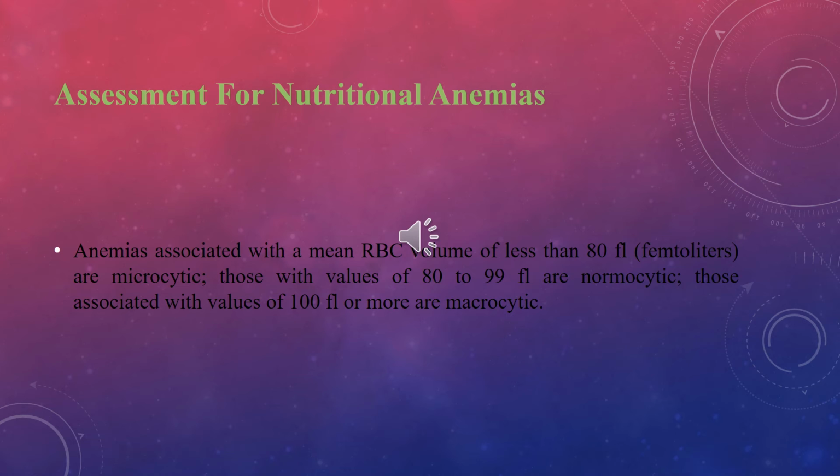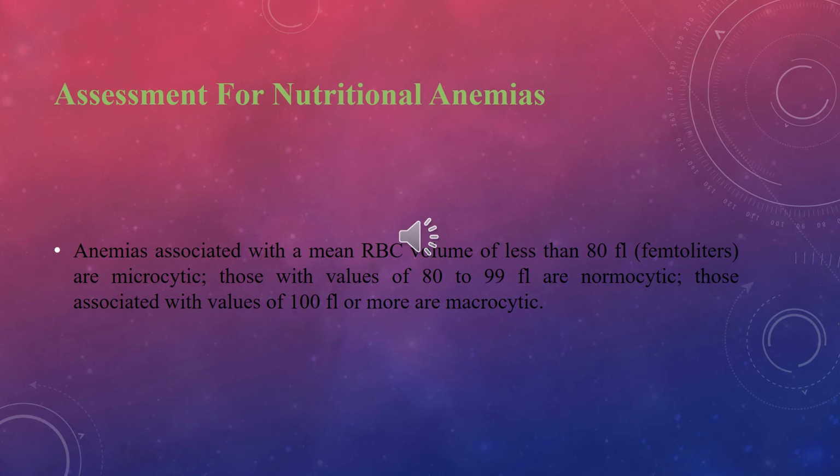When the RBC volume is less than 80, it is called microcytic; if the value is between 80 and 99, then normocytic; and if the value is 100 or greater, macrocytic anemia. Microcytic anemia is linked with iron deficiency, whereas macrocytic anemia is due to B12 or folate deficiency.